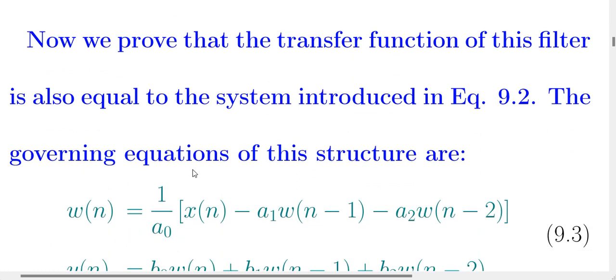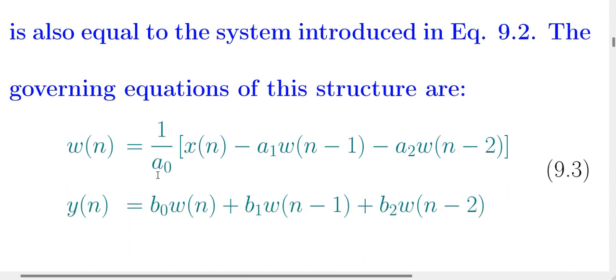The governing equations of this structure are as follows. w[n] is equal to 1 over a0 times x[n] minus a1 w[n-1] minus a2 w[n-2], and the output y[n] is equal to b0 w[n] plus b1 w[n-1] plus b2 w[n-2].